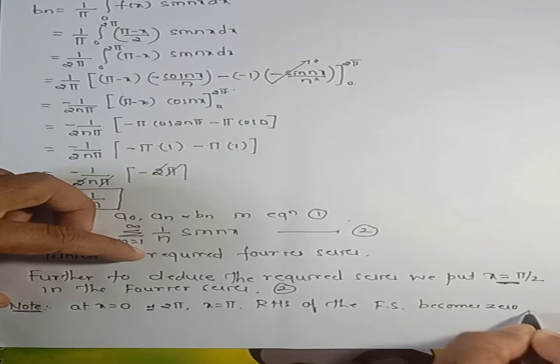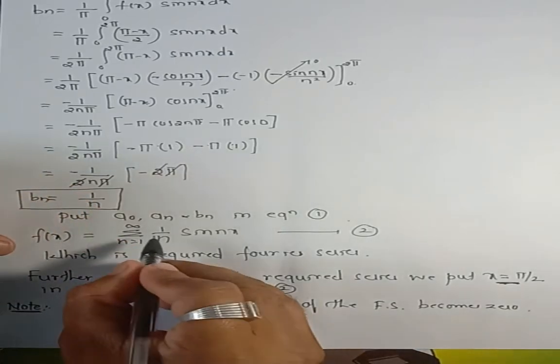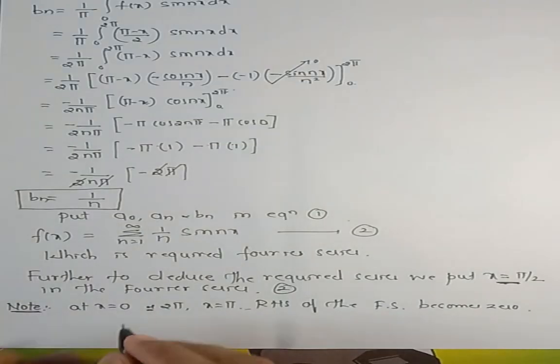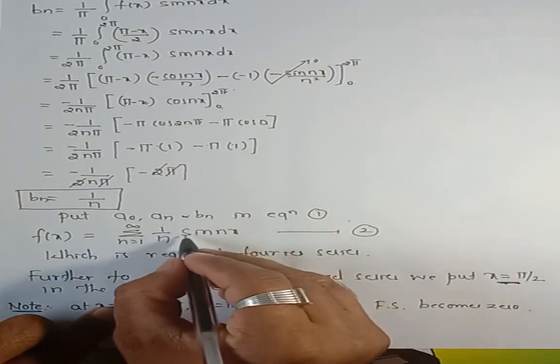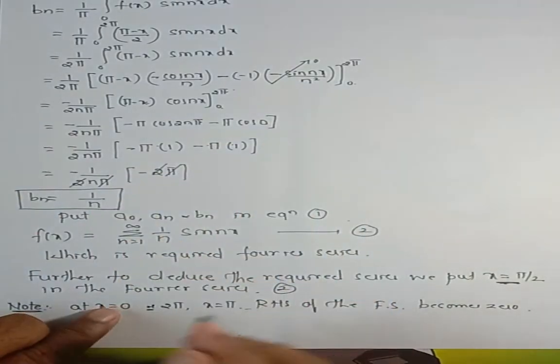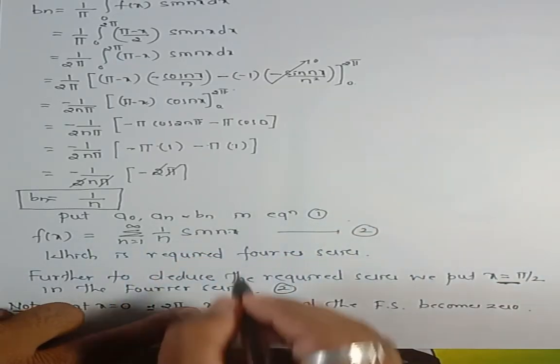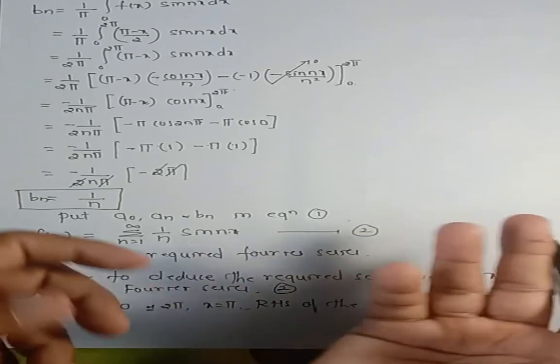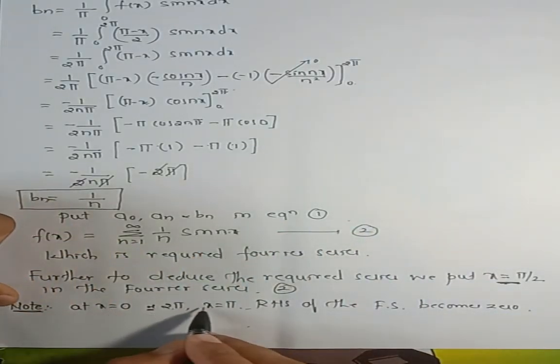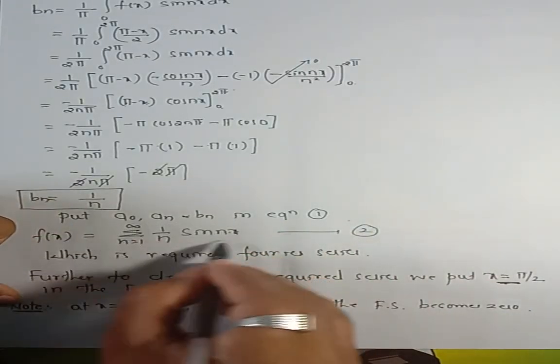You observe here, if you substitute these three values, it becomes 0. If you substitute x is equal to 0, sine 0, the series is eliminated. If you substitute 2 pi, sine 2 n pi is 0. If you substitute pi, sine n pi is 0. So for all these three values, the series will become 0.